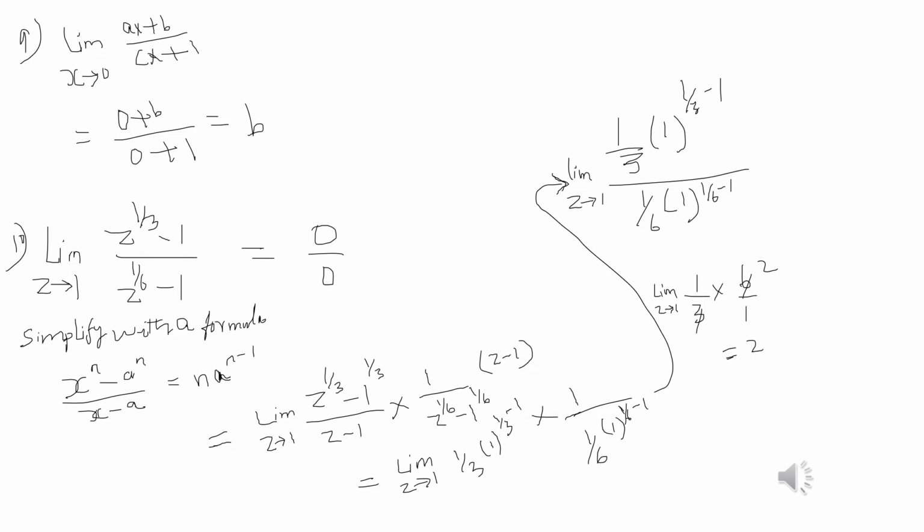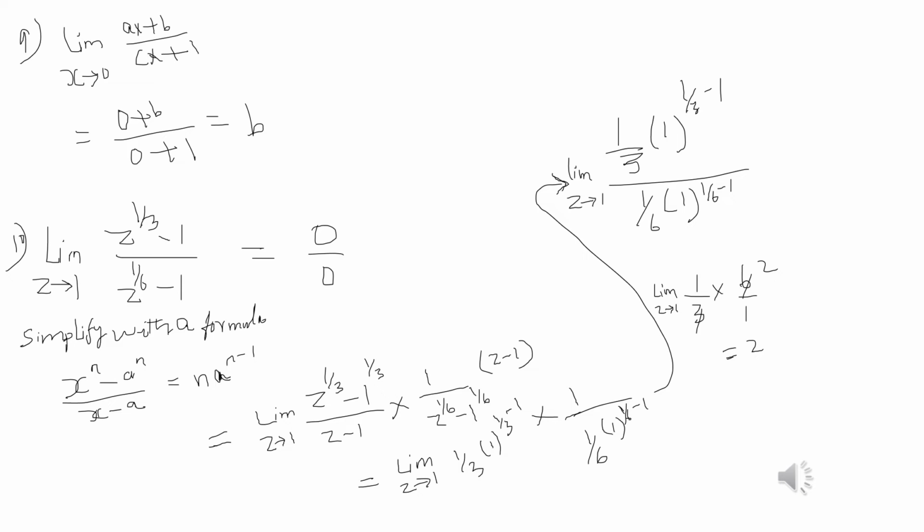Substituting x equal to 0 gives 0 plus b divided by 0 plus 1, which gives b. Very simple. Wherever direct substitution gives the answer, that's it. If it's not that easy, it's the responsibility of every student to simplify the existing function until you find the value of the limit.